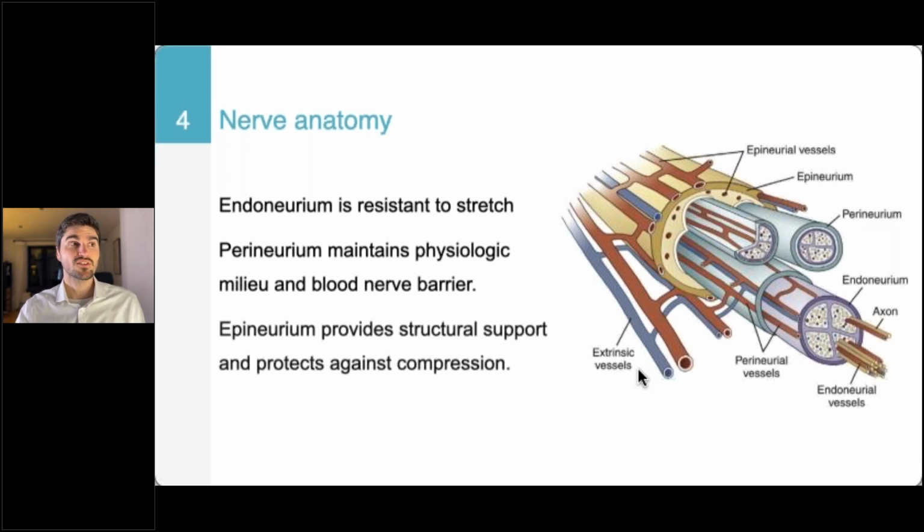And then the last part is going to be the outermost layer, which is your epineurium. If we look at that diagram, we can see those three different perineuriums with those axons and epineuriums right in there. The epineurium is going to wrap around all of that, and it's going to provide protection against compression. Interesting with that is you're going to see that there are greater epineural layers, so it's going to be thicker wherever nerves cross joints.